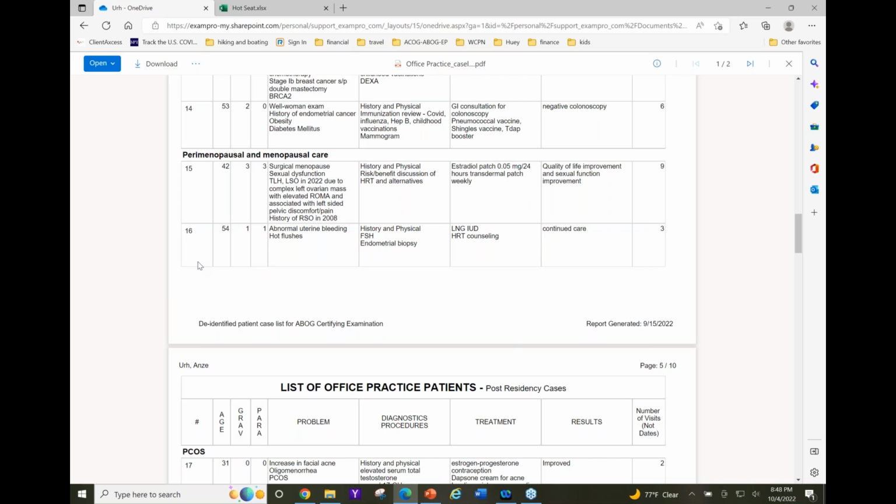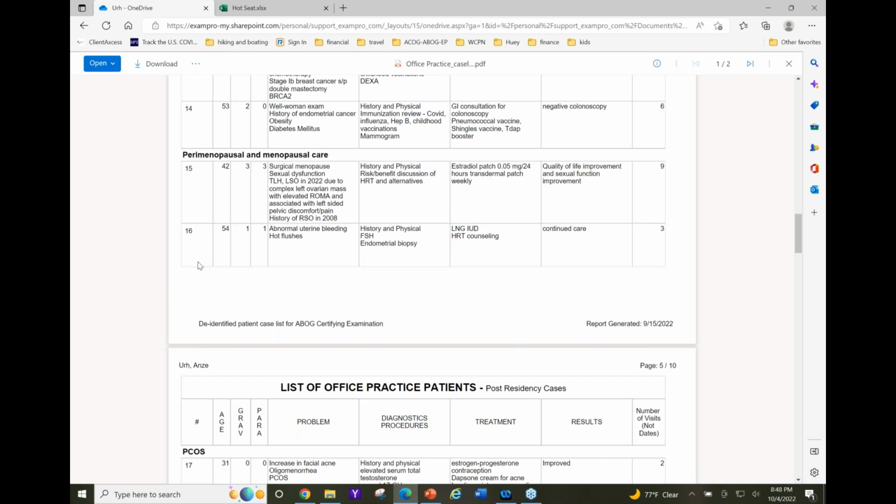Did you discuss any other treatment options for her hot flushes besides hormone replacement therapy? Yes, we discussed non-hormonal options, as well as alternatives, increasing physical activity, making sure that she has a cool ambient temperature.